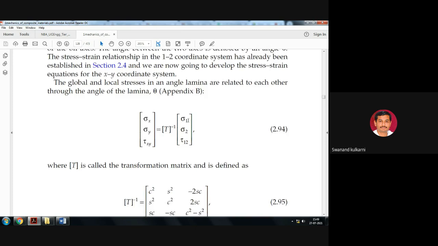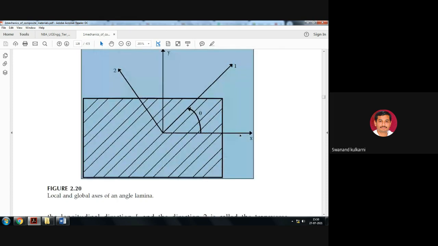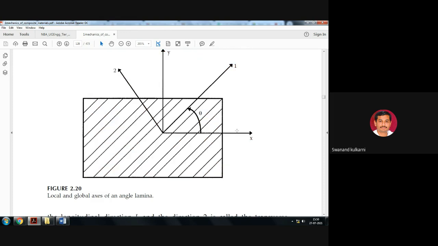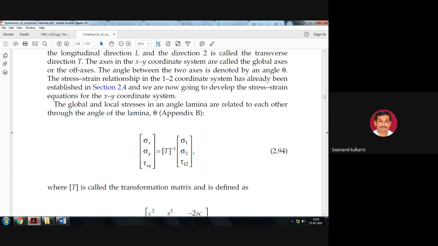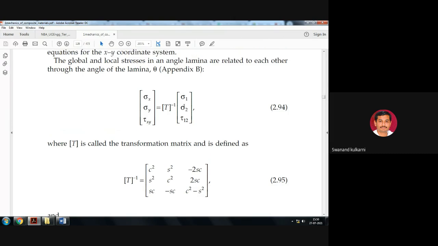Is it okay? So here we can consider sigma x, sigma y and tau xy, and the relationship between sigma 1, sigma 2, tau 12. Is it okay? Here we can clearly understand that sigma x, sigma y and sigma 1, sigma 2 are different, tau xy and tau 12, that we can refer here. So with these particular values of sigma x, sigma y and tau xy, or sigma 1, sigma 2 and tau 12, we can analyze that difference.